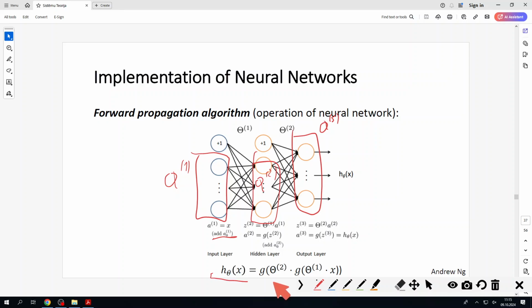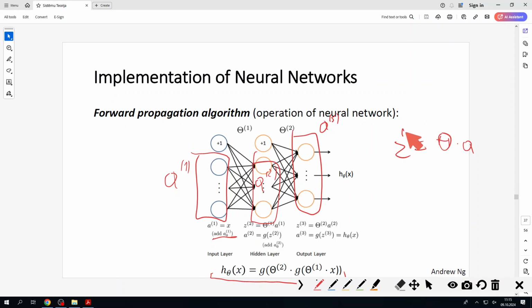Yes, hypothesis of activation function of the theta multiplied by, well, let's say like this. Z is equal to theta multiplied by A. Here it is actually written, yes, here it is.